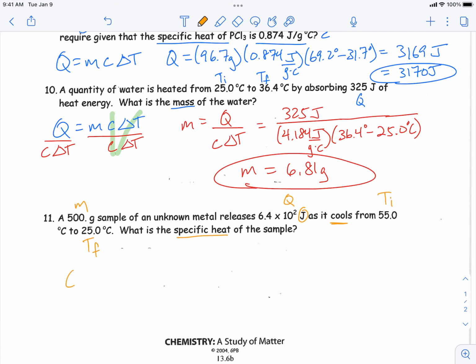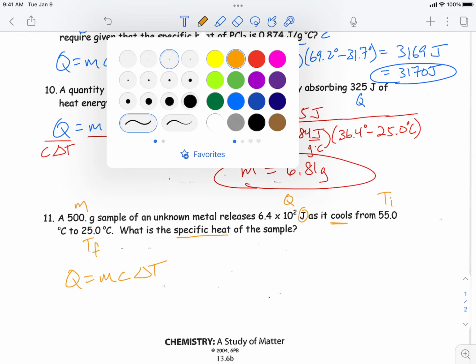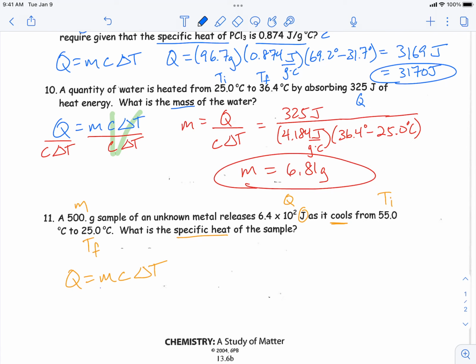So our formula is, again, Q equals MC delta T. In this case, we're going to be solving for the specific heat, which is C. C is being multiplied by M and delta T. So to get C by itself, we divide by M delta T. All right, and then those cancel. So C equals Q over M delta T.